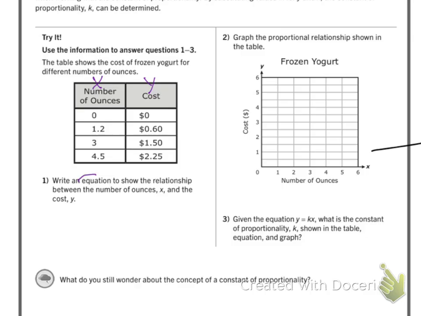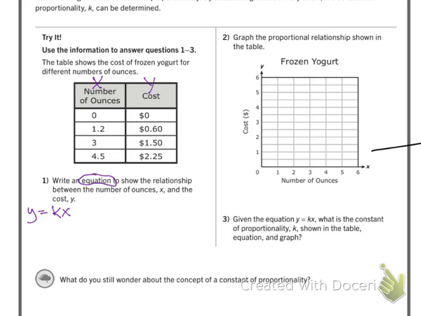Well, they want us to write an equation. We know that the equation, because it is proportional, would be y is equal to k times x. So now we need to figure out, what is that k?